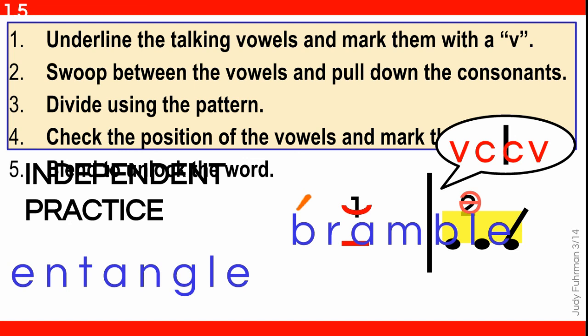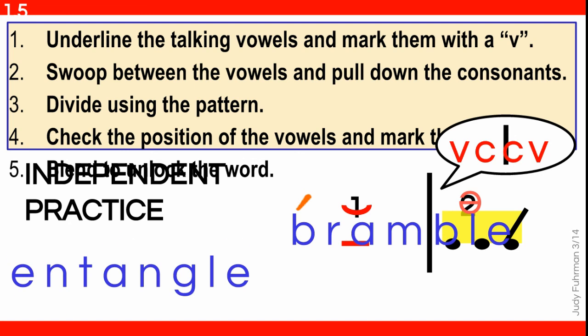You cross out the E because the E is silent. You put the schwa sound because that vowel is weak. On the first vowel, you have the short A, the short vowel symbol above the A, and then the accent mark on the B. If we pronounce this by syllable, it would be bram-ble, and then blend it together, bramble.